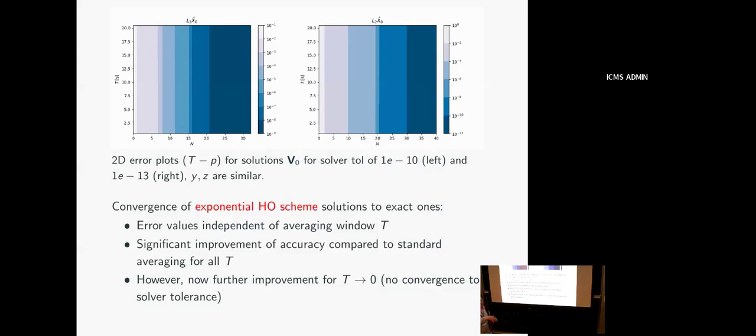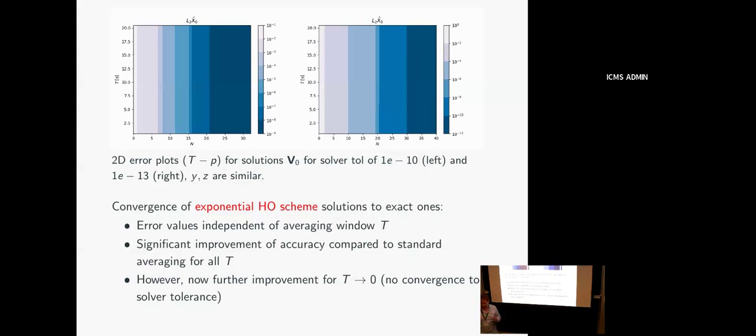So what do we see here now? We have a new parameter with the possibility to play around with these things. We can now fix the averaging window, keep it big, and reduce the error by adding more higher order terms.